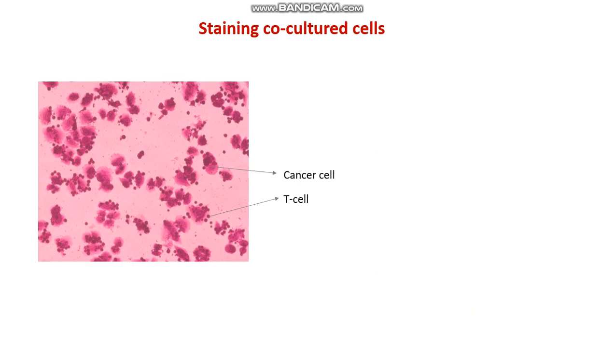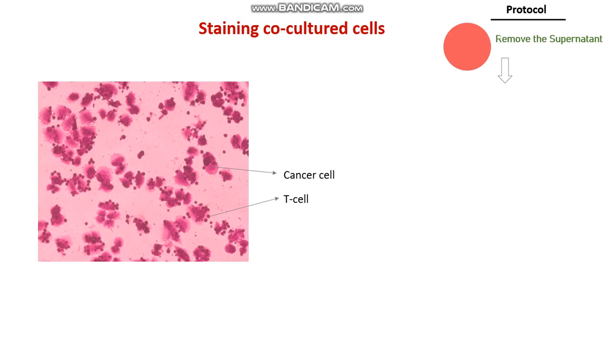This is a pretty easy experiment with a very simple protocol. Here I included the protocol. After culturing the cells, you need to follow the protocol for how many days you need to culture, maybe 48 hours or 72 hours.